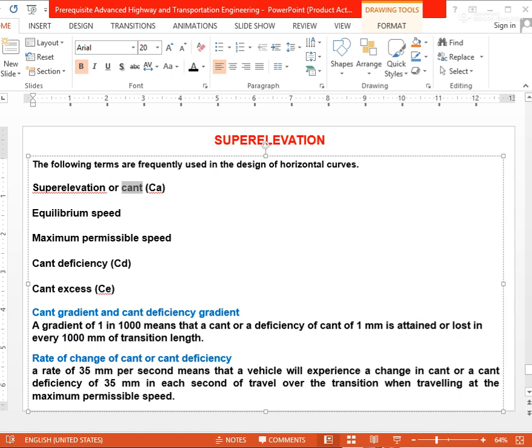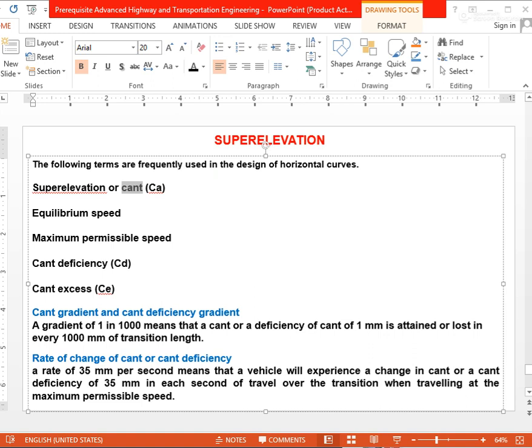The main functions of super elevation are to ensure a better distribution of load on both rails, outer and inner, to reduce the wear and tear of the rails and rolling stock, to neutralize the effect of lateral forces, and to provide comfort to passengers. These are the functions of super elevation.